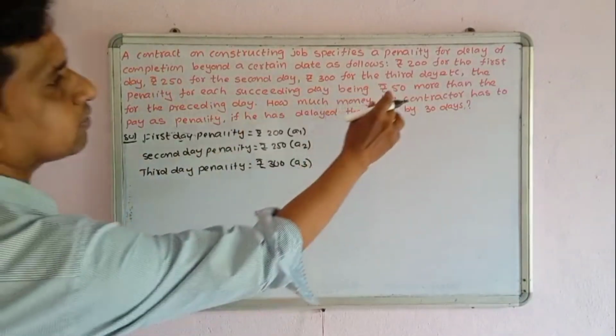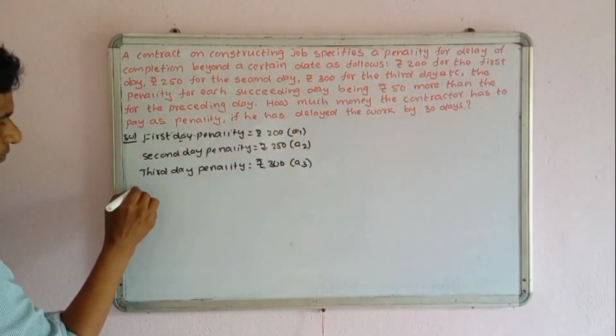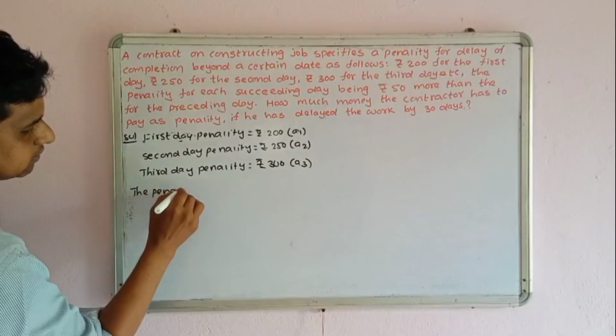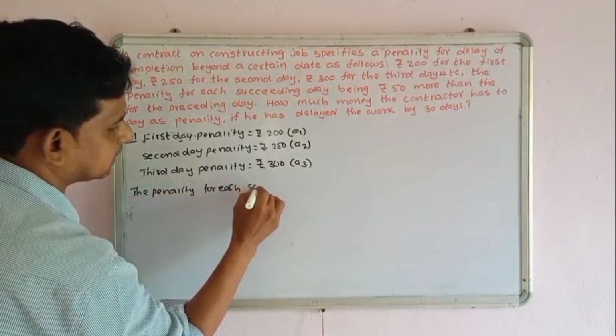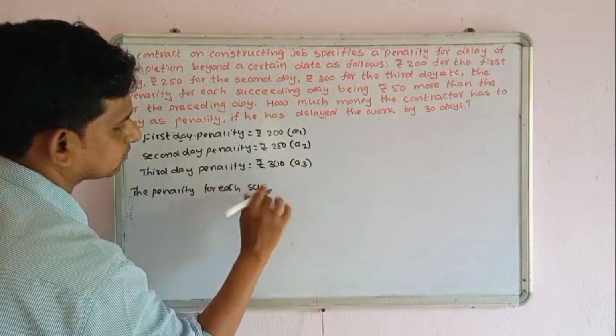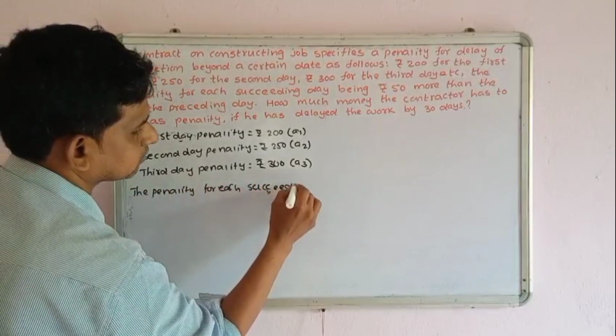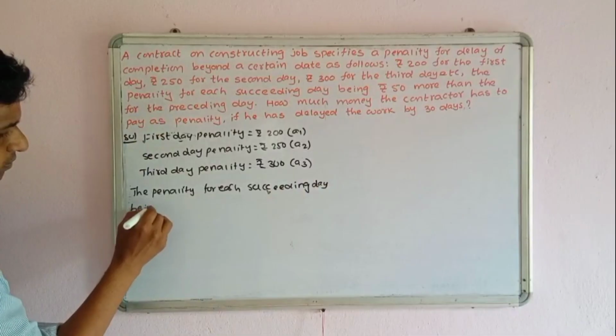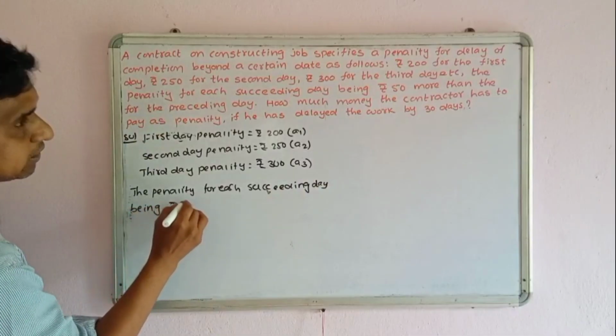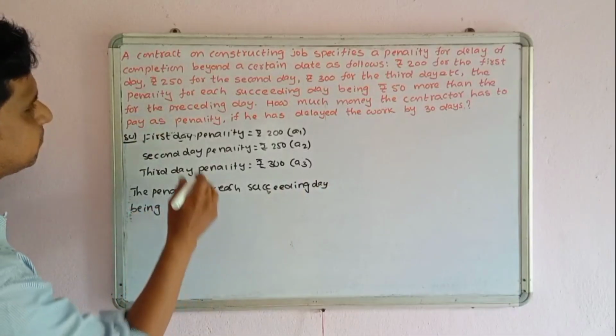Okay, so here one condition is there: the penalty for each succeeding day being rupees 50 more than the preceding day.